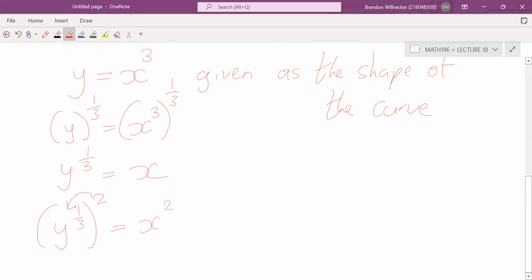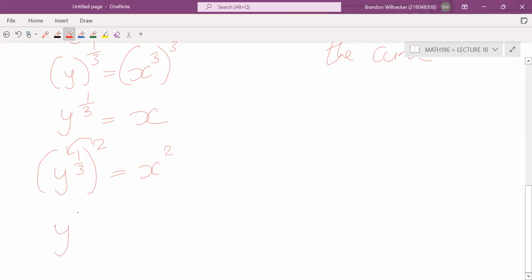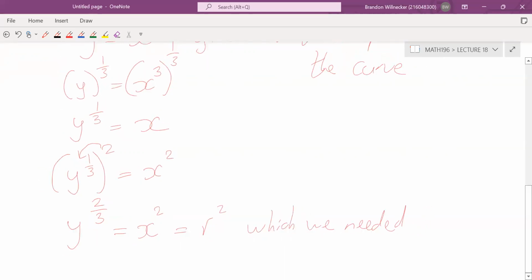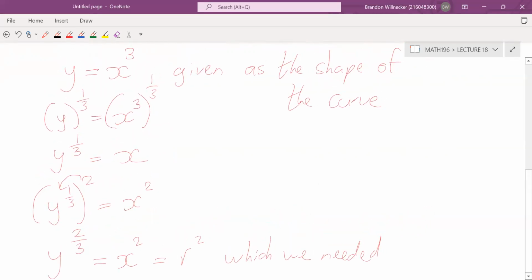We can multiply the 2 inside. So we get y to the 2/3 is equal to x squared. And remember, this was the radius squared, which we needed. So it's just a bit of exponent work to get from here to here. Okay, awesome.